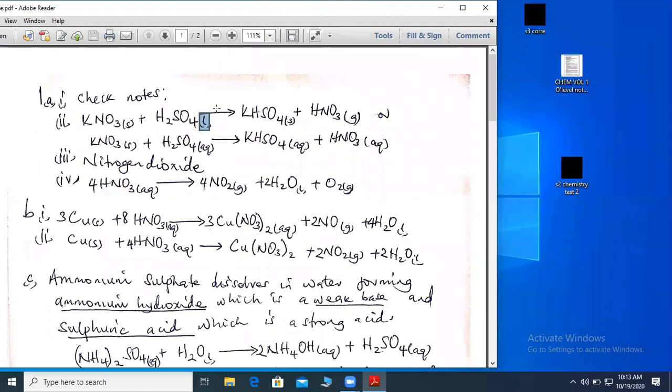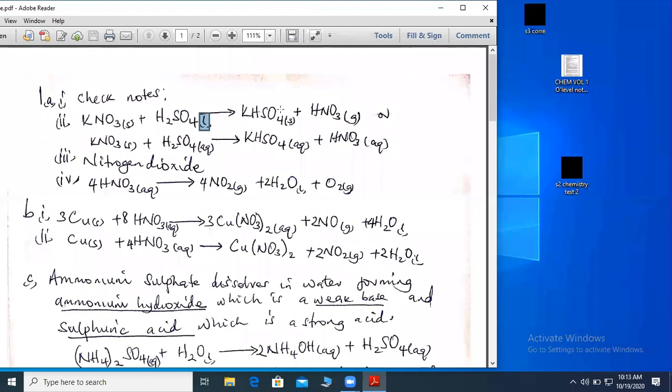Now, if you use potassium nitrate as a solid and sulfuric acid as a liquid, then there is nowhere water is going to come from, because even if it is water from the atmosphere, it will be absorbed by sulfuric acid, which is hygroscopic or a dehydrating agent.